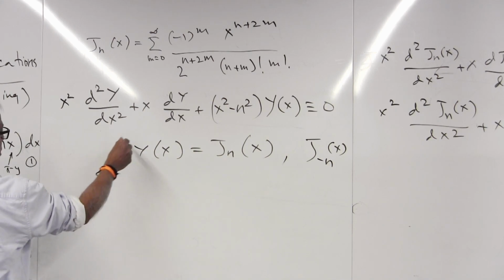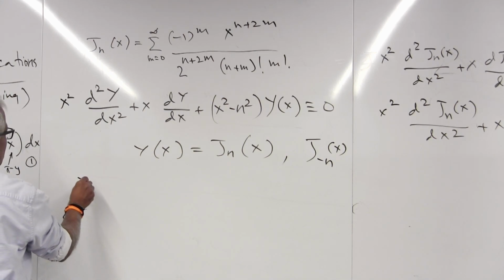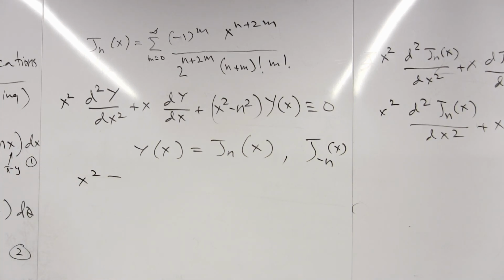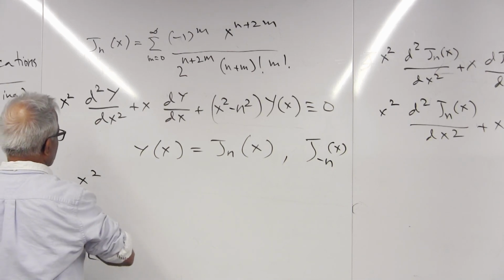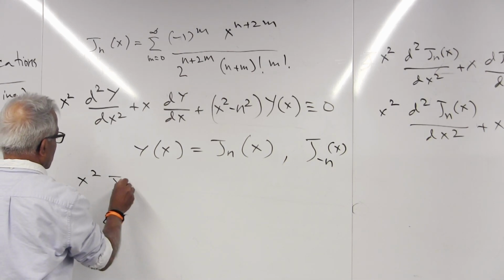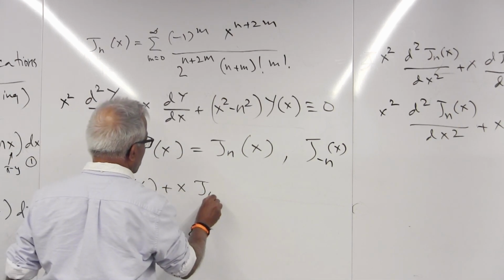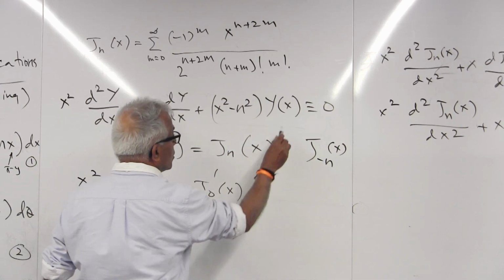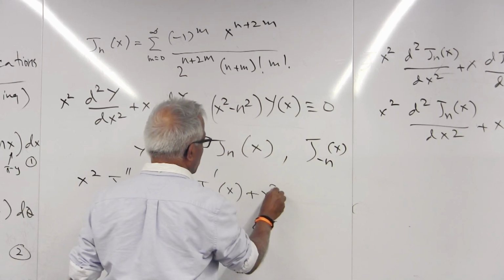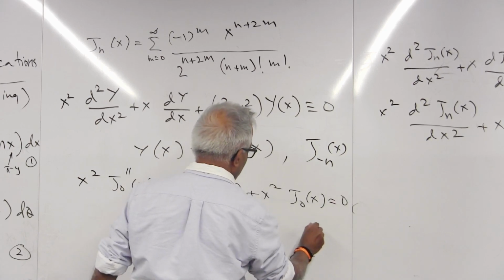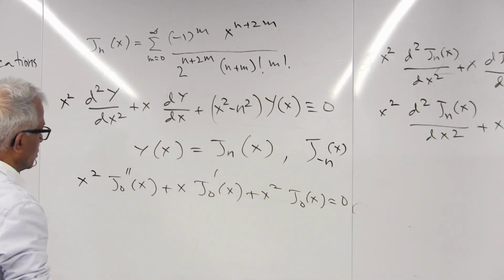In particular, if you put n equal to 0, that's the equation for the 0th order Bessel function: x squared J_0'' plus x J_0' plus x squared J_0 equals 0. So J_0(x) is the solution.